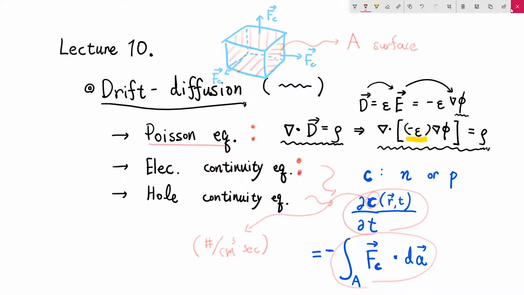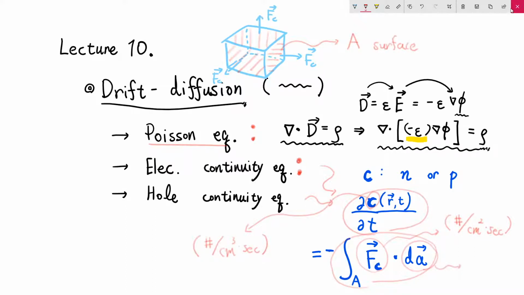But if we consider the right hand side, then what will happen? In this case, we have flux, which is given by number divided by unit area and unit time. And how about this dA?